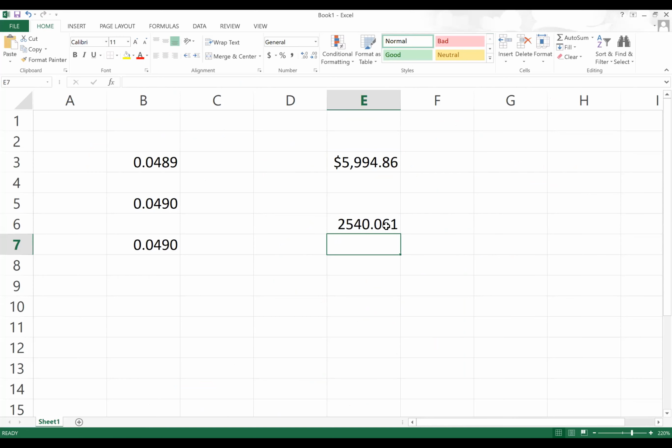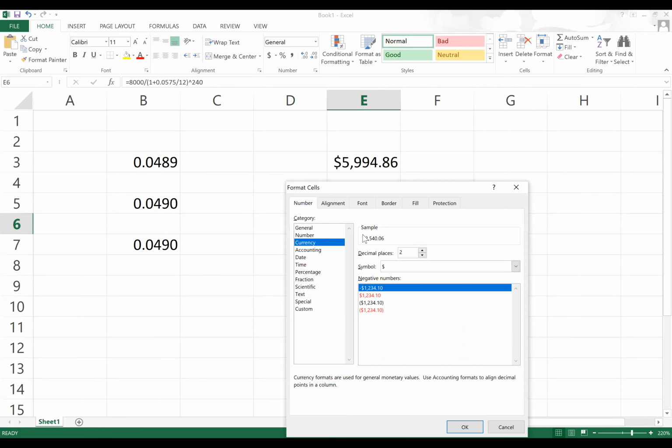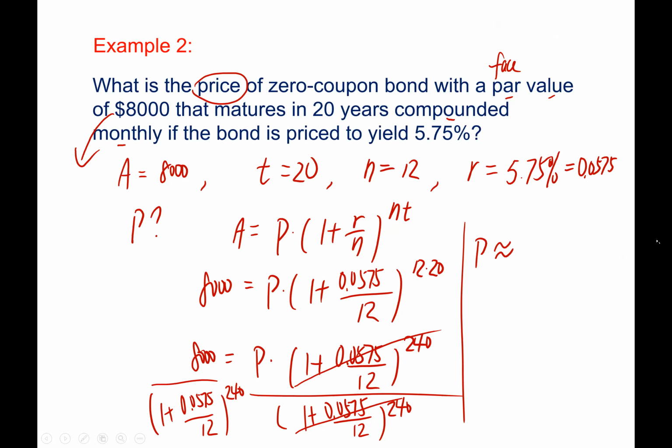And we get $2,540 and 6 cents. Format cell, currency to two decimal places. So it's $2,540 and 6 cents. So it's like you get $8,000 in 20 years, and now you're paying $2,540 and 6 cents.